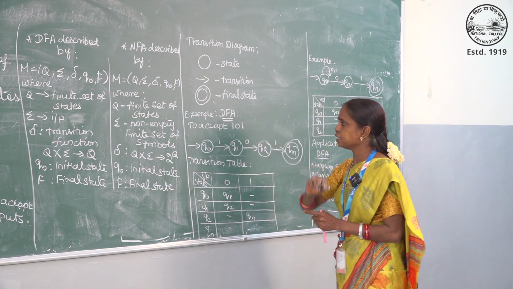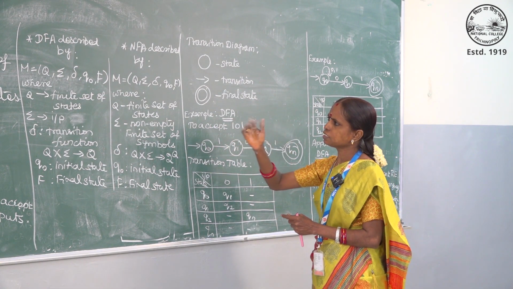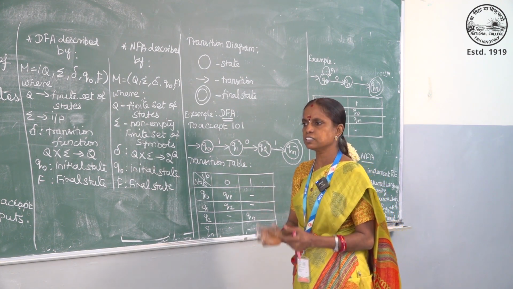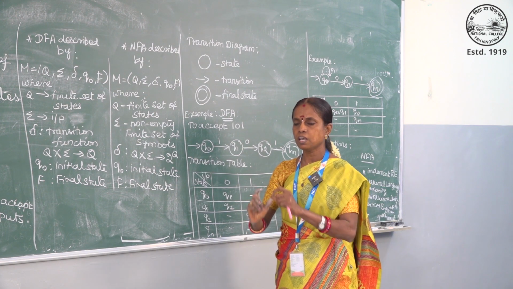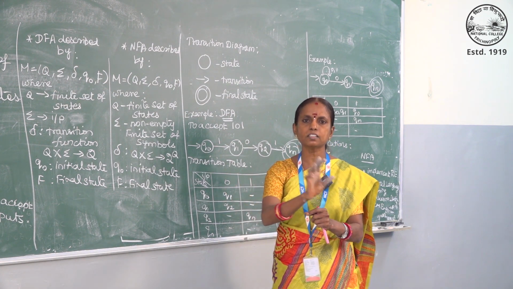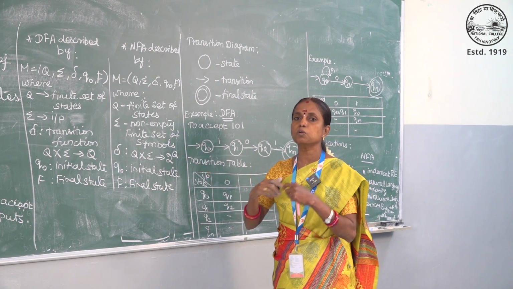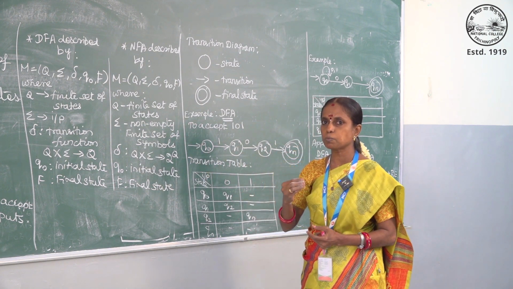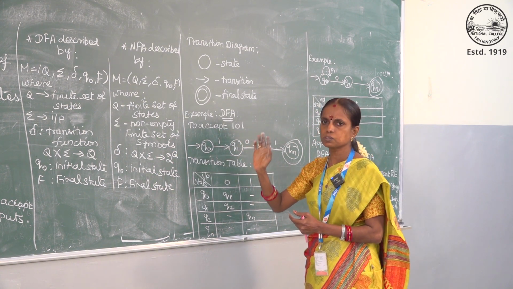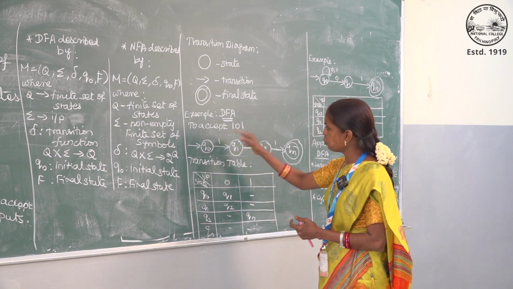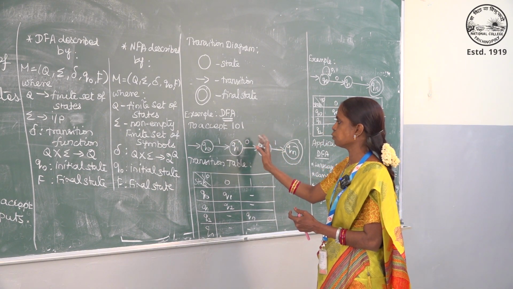Here one example is available, that is a DFA. By using this finite automata, we can check whether a particular string is present in the language or not. This finite automata can produce the output. For example, 101 is a string: 1 is one element, 0 is another, 1 is another one.